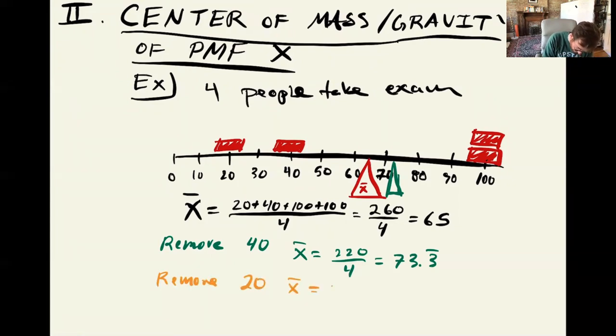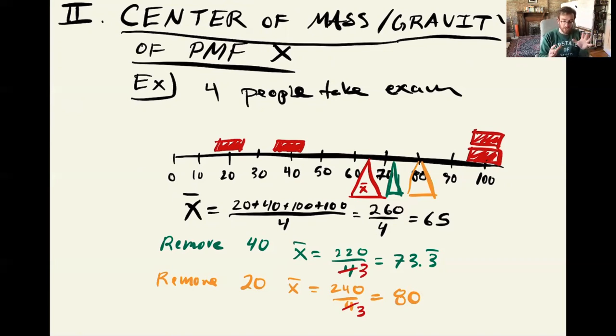Then what do I get? I get 240 divided by 4, which is, sorry, I messed this up. It should be 3. So I got 240 divided by 3. Now that actually equals 80. So then there I would have a fulcrum that's way out there.